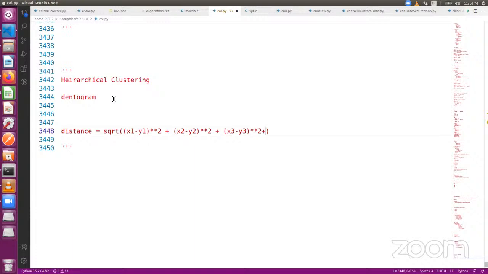Like this it goes on, right? How many dimensions are there, those many times you have to put. So for this, you need to do an iteration and find the sum of all the squared differences. After finding the sum, for the final value you will take a square root. Understood? Okay, so this is for the second problem.